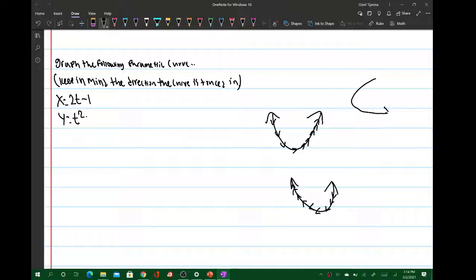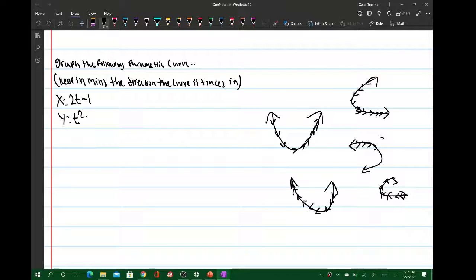Similarly, if I graph something like this, it can either be like this, or like this. So let me redraw that. Like this, basically, or it can also be like this.